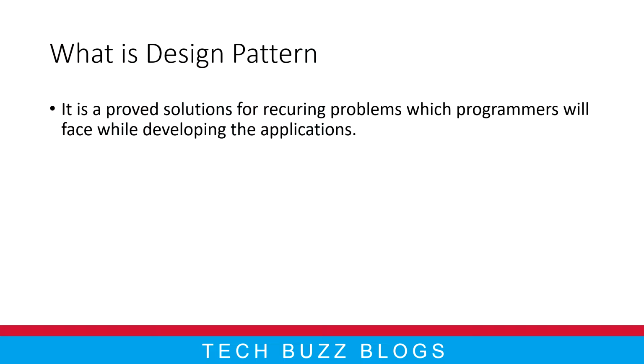If you have a perfect solution for such an issue, we can call it a pattern. The Gang of Four developed a lot of patterns, and if you follow those patterns, you can easily avoid a lot of issues which you face often. That is the main motive of design patterns. It is a proven solution for recurring problems which programmers face while developing applications.